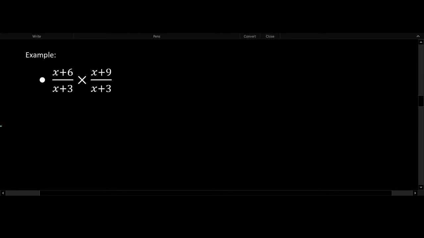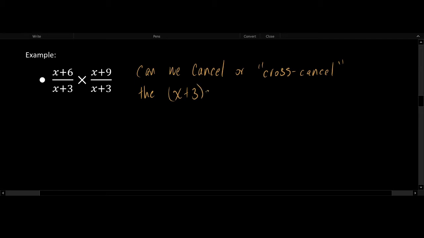So for example, we have the problem x plus 6 over x plus 3 times x plus 9 over x plus 3. Can we cancel or cross-cancel the copies of x plus 3, the ones here in the two denominators?